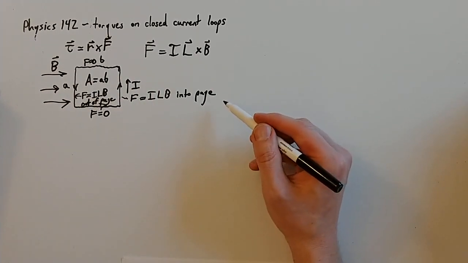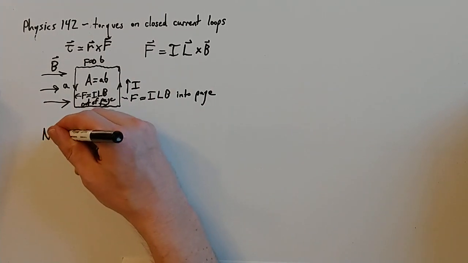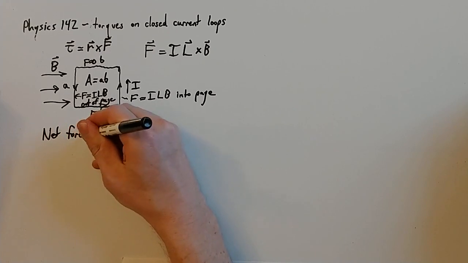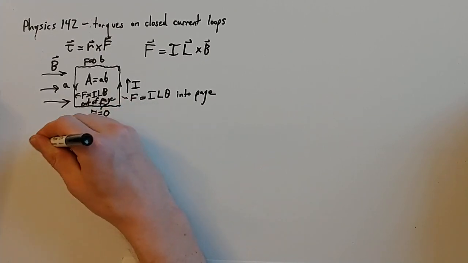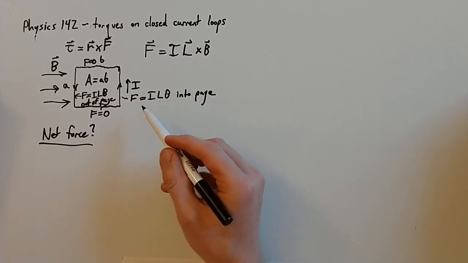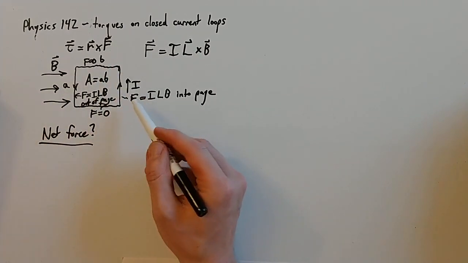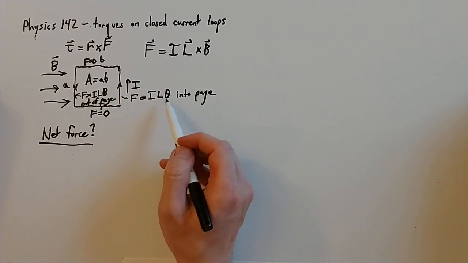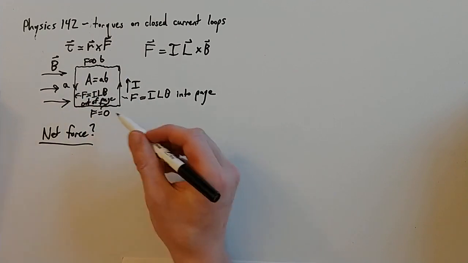and so the first question we might ask is, well, what is the net force? Right? What is the net force? And the answer to that is 0 here, 0 here, and then we have ILB into the page and ILB out of the page.